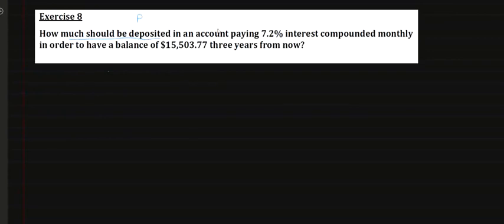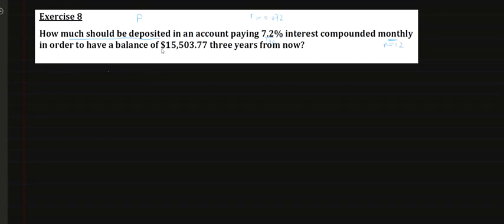Oh, that's the P. In an account paying 7.2%, it seems that that's the interest, which will be 7.2 over the 100, so it will be 0.072. Interest compounded monthly, and monthly means that n is equal to 12.